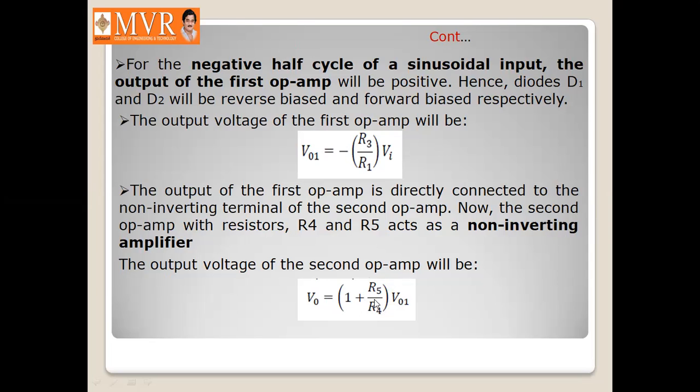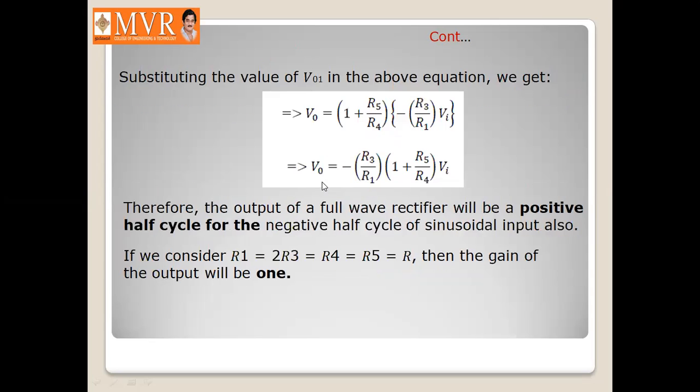In the place of feedback resistor we have R5, and in the place of series resistor we have R4. So 1 plus R5 by R4 into V naught 1, which is the output of the first operational amplifier. In the place of V naught 1 we replace this equation. So the output is equal to minus of R3 by R1 into 1 plus R5 by R4 into Vi.